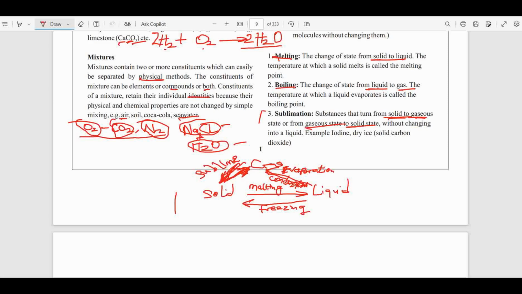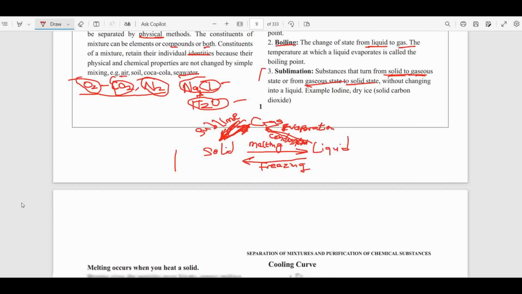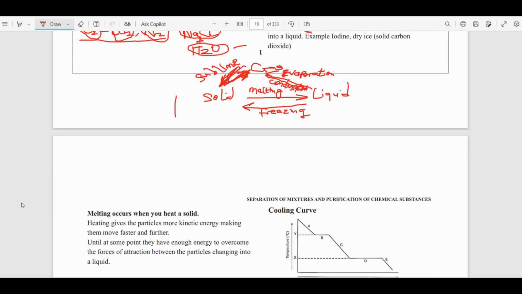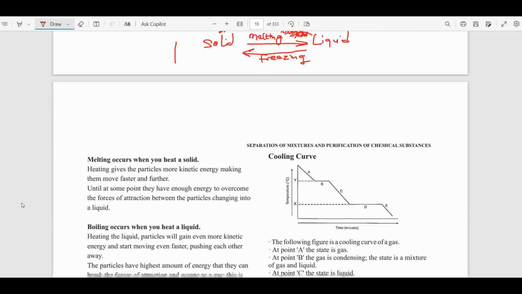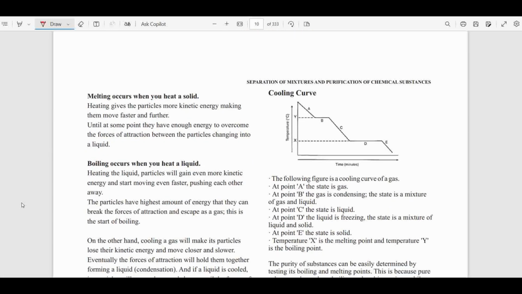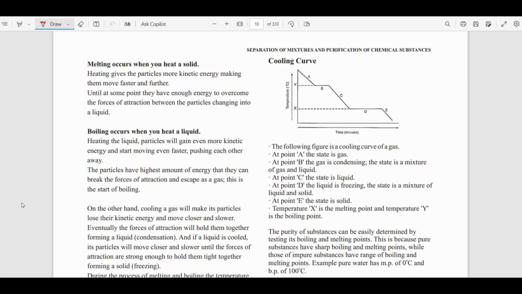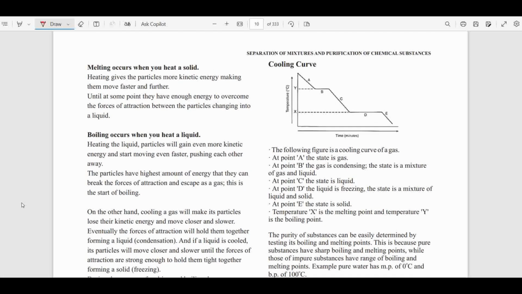So having said that, let's go on to talk about exactly what is the molecular nature of melting and boiling. What exactly is going on when melting and boiling is taking place? So, for melting to occur, you must apply heat. And what does the heating do?